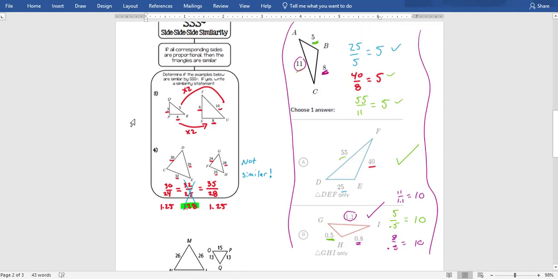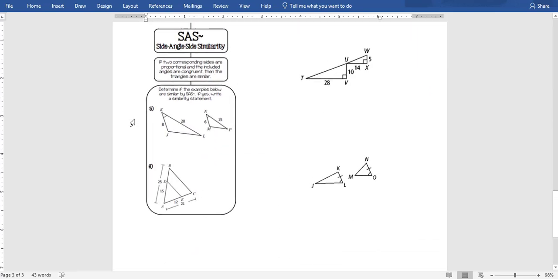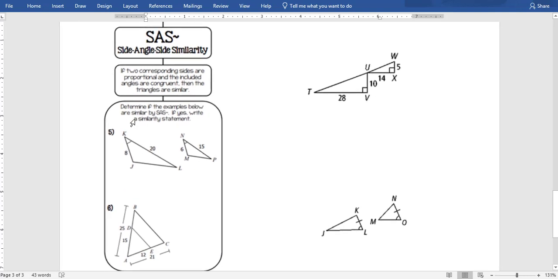Let's check out the last way to prove that triangles are similar, and that's by side angle side. So you have an angle that's in the middle of the 2 sides. Okay, so in this one, you have to have an angle that's the same, that's congruent, and boom, angle K is congruent to angle N. And then the sides, this 8 and the 6, and this 20 and the 15, they have to be proportional. So I still need to say 6 over 8, so that was smallest and smallest.